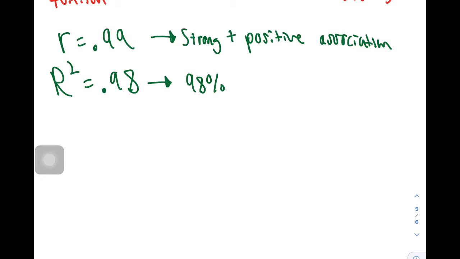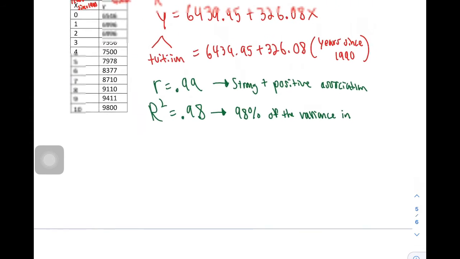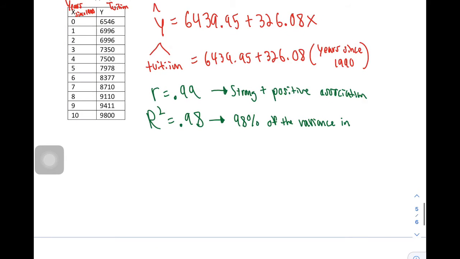So we'll say 98% of the variance in Y, our Y variable, which is tuition, can be explained by the variance in X. And X would be years.